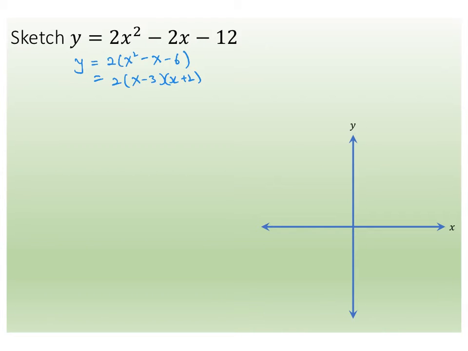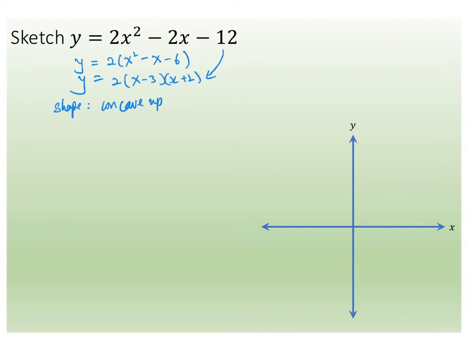Alright, so minus 3 times x plus 2 times x will give you minus x. Minus 3 times plus 2 is minus 6. So therefore, you know this is going to be factorized into this form. Now, from the coefficient, we know the shape is concave up.